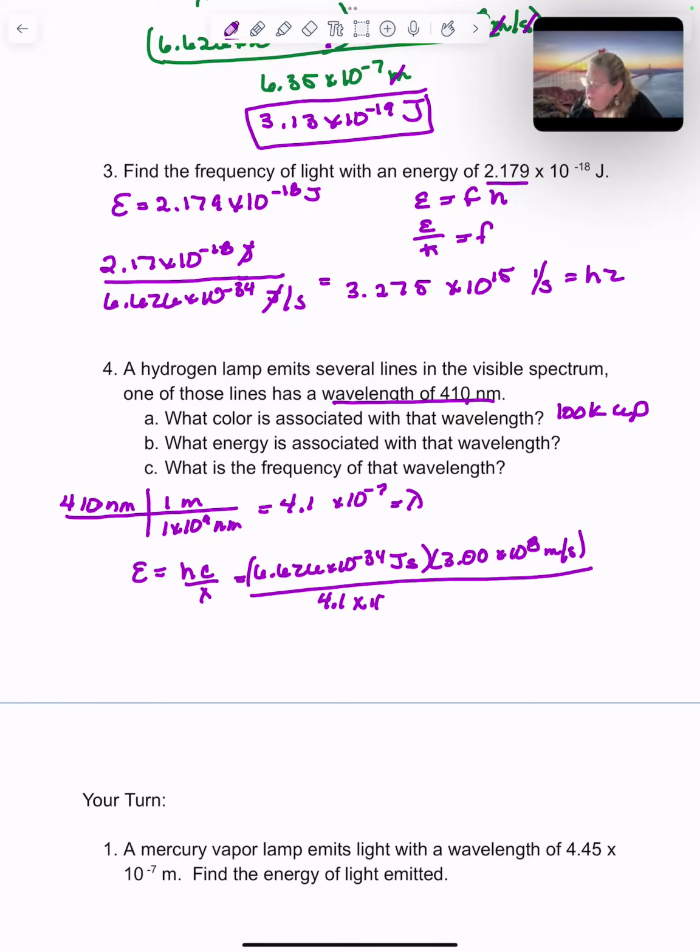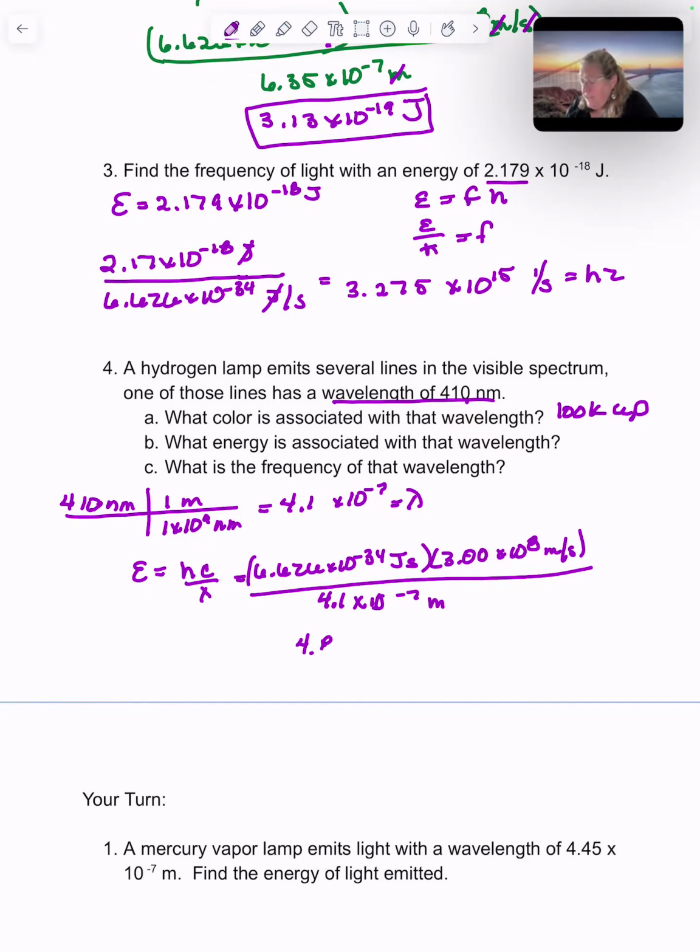Times 10 to the minus 7 meters. So Planck's constant times speed of light, divide by 4.1 times 10 to the minus 7. And we want two significant figures, so that's going to be 4.8 times 10 to the minus 19 joules of energy.